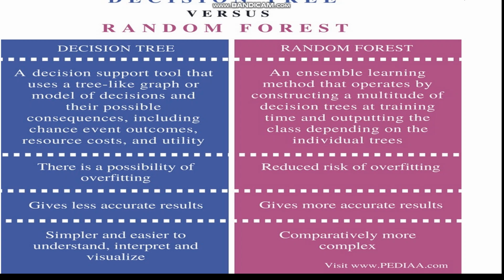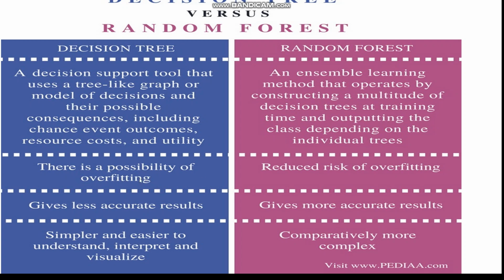A decision tree is a support tool that uses a tree-like graph or model of decisions and their possible consequences, including chance event outcomes, resource cost, and utility. Whereas random forest is an ensemble learning method that operates by constructing a multitude of decision trees at training time and outputting the class depending on the individual trees.